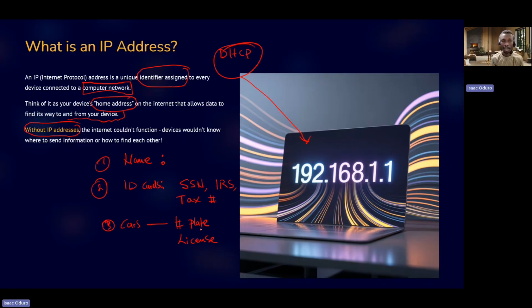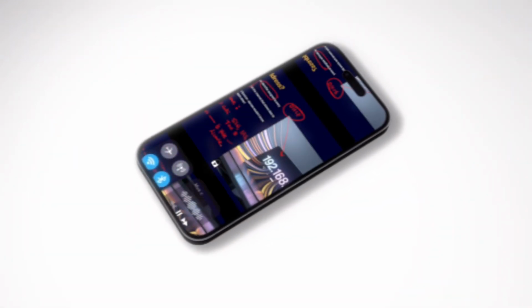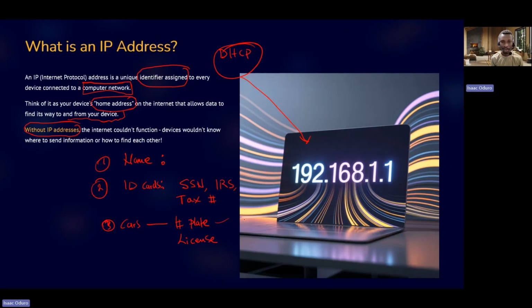Every driver has a driving license, which is a unique license corresponding to that driver. So when you pick up cars, we can use the number plate to identify that car. The driver has a driving license that will help to identify the driver who is driving that car.